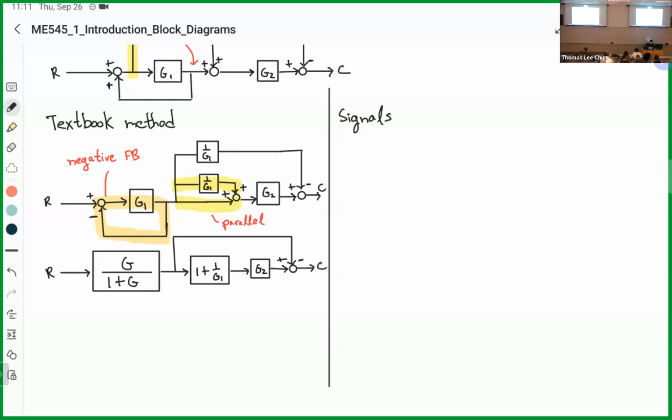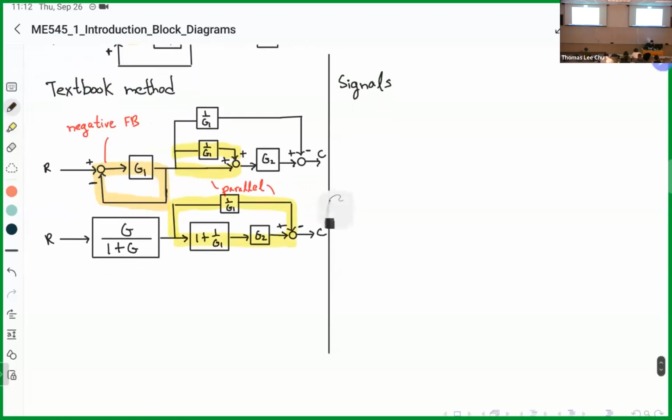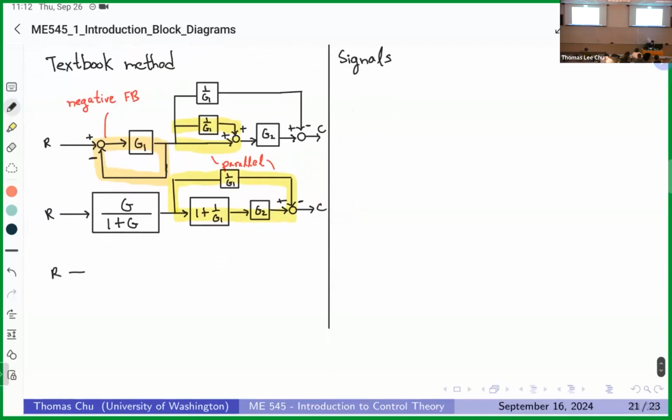Now, this can be further simplified. We now have, oh, I'm missing a 1 over G1 here. Apologies. We now have another parallel signal. So this is also parallel. And we get this.